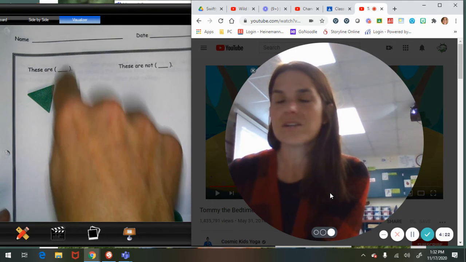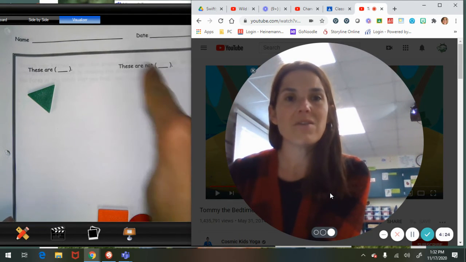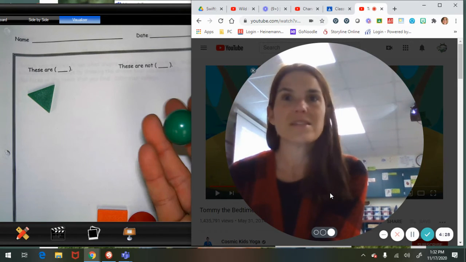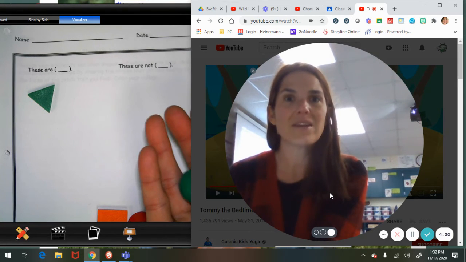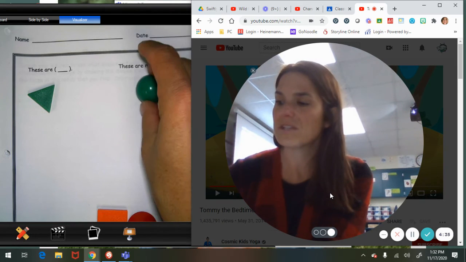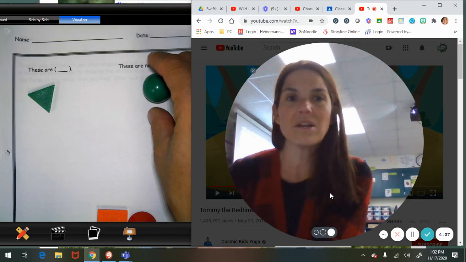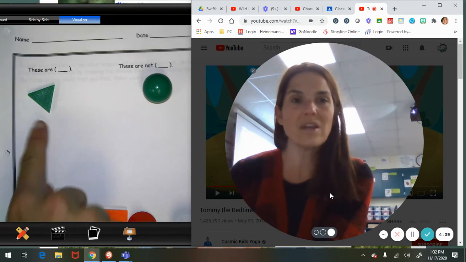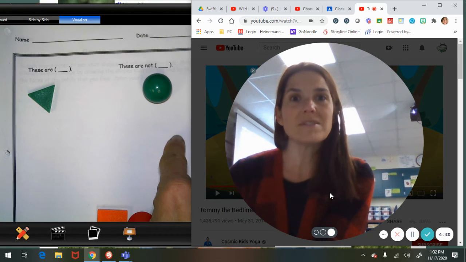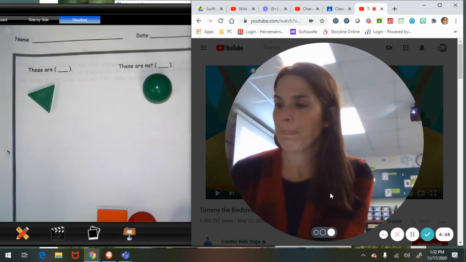So these are shapes with corners. And over here, these will be shapes that don't have corners. The sphere, does it have any corners? No, it doesn't. It has all round edges. So the sphere would go right there. So these are shapes that have corners, and these are shapes that don't have corners.